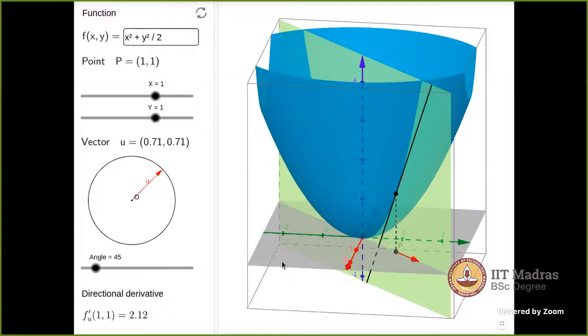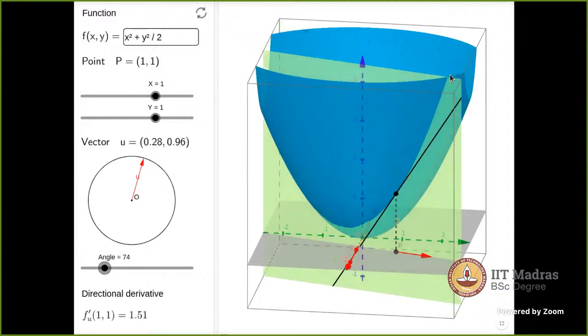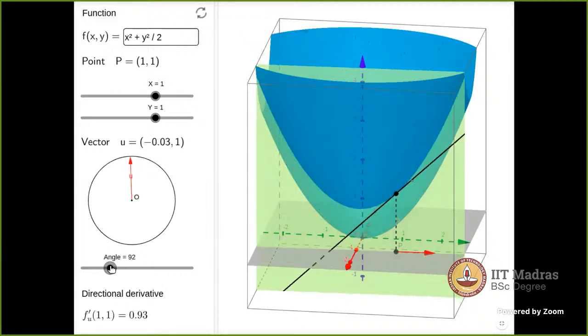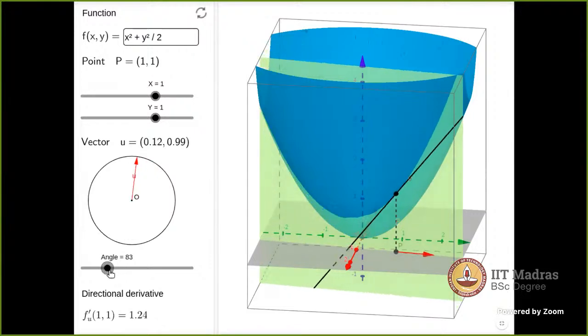Suppose we fix the point (1, 1). Now if we change the direction of the vector, focus on this arrow, this vector. If you change its direction, you can see this line will change, right? The directional derivative will change accordingly.